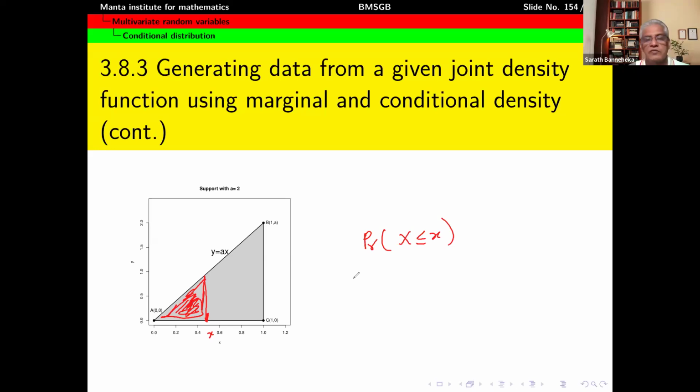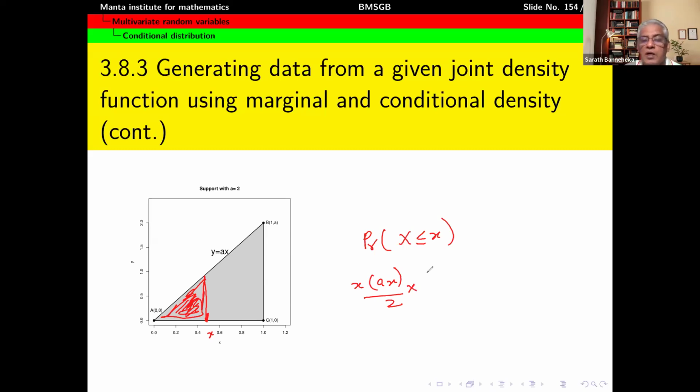So the joint density is a flat density function. Therefore, the volume is going to be the height of the joint density times the area here. The area is equal to x times this length. And here, when x is equal to simple x, y is equal to a times x. So ax divided by 2, that will be the area of this triangle.